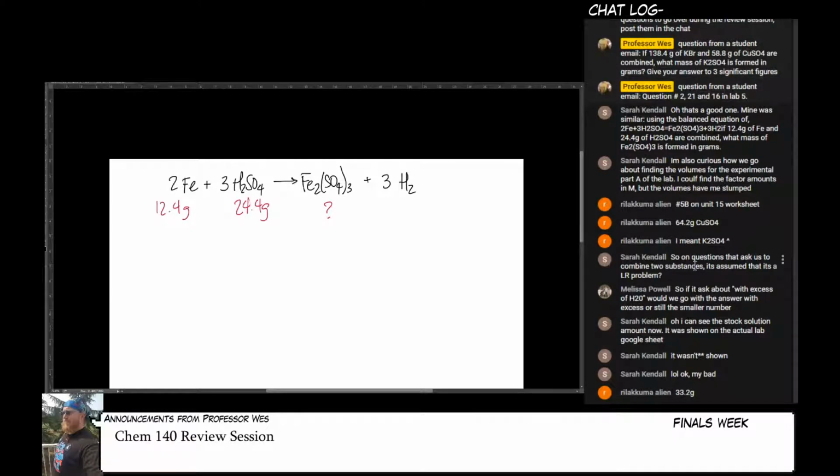Now, what if I give you a problem that says excess? That would be something like this, where instead of giving you a number, I just say excess. What that means is that if it's an excess, you don't do that calculation, because we don't do excess calculations, right?